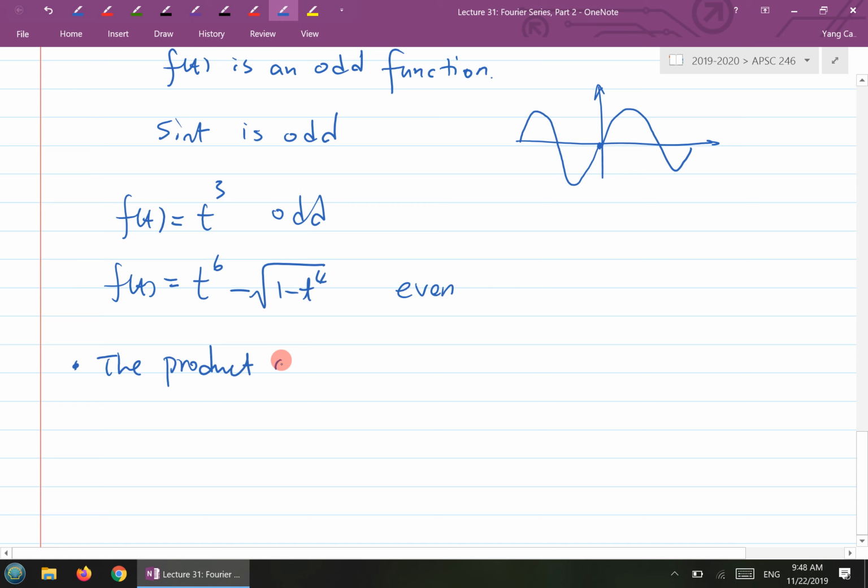The product of an even function and an odd function, if you multiply them together, produces an odd function.